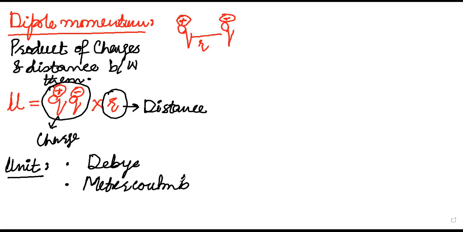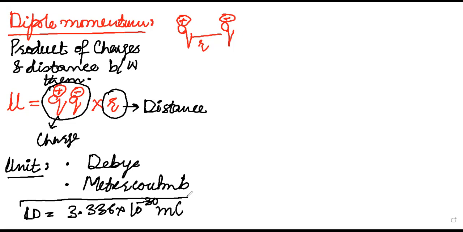We must know the relationship between 1 Debye and coulomb meter: 1 Debye is equal to 3.336 into 10 raised to the power minus 30 coulomb meter. It means 1 Debye contains 3.336 into 10 raised to the power minus 30 coulomb meter.